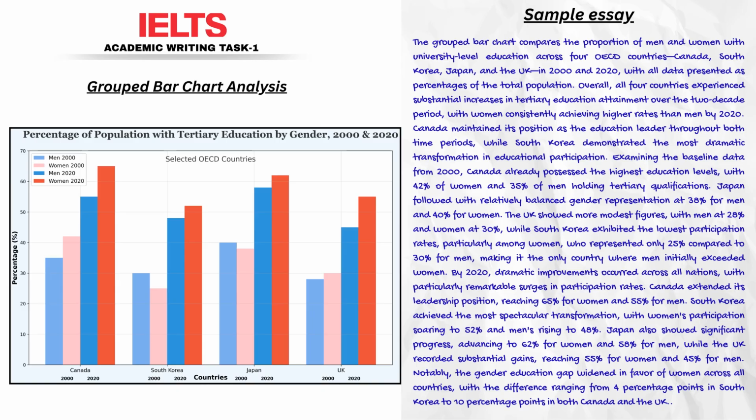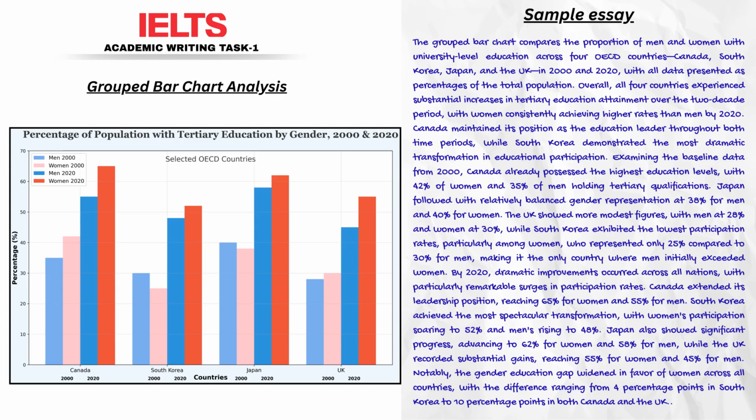Let's begin. The very first thing an examiner notices is the structure. This essay uses a perfect 4-paragraph model, which is the gold standard for Task 1. Let's break it down. Paragraph 1 is the introduction, where you paraphrase the question.